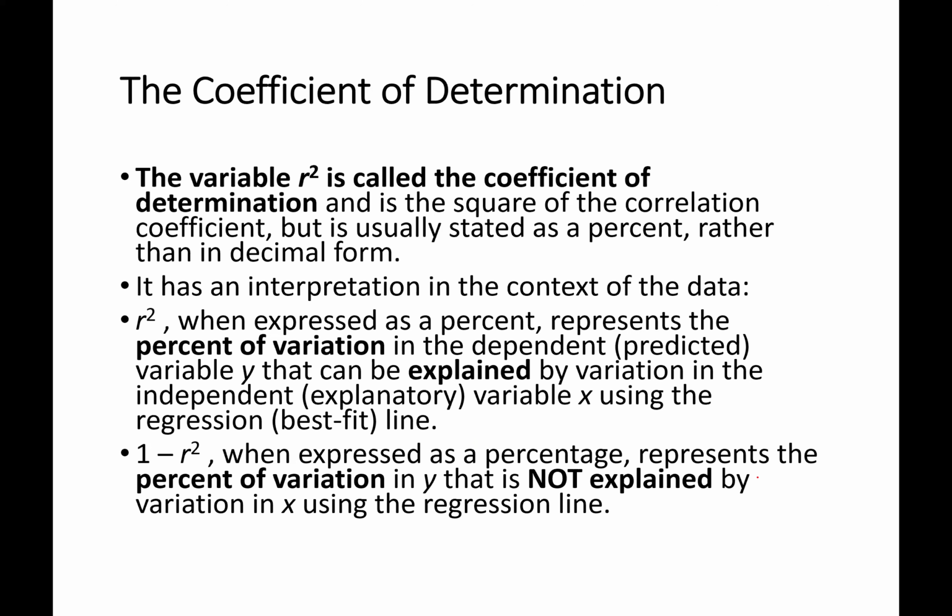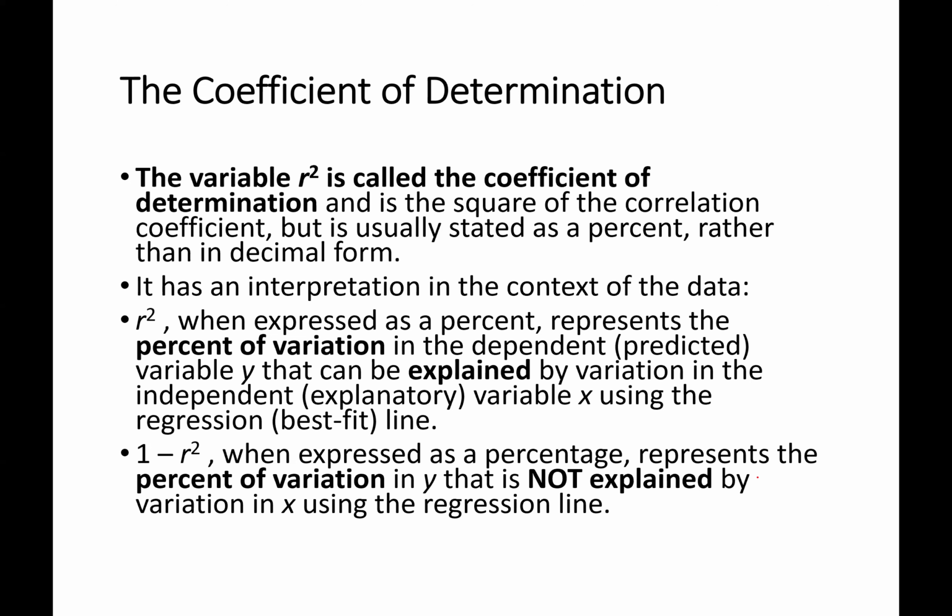R squared, when expressed as a percent, represents the percent of variation in the dependent variable, the predicted variable Y, that can be explained by variation in the independent variable, the explanatory variable, using the regression line.